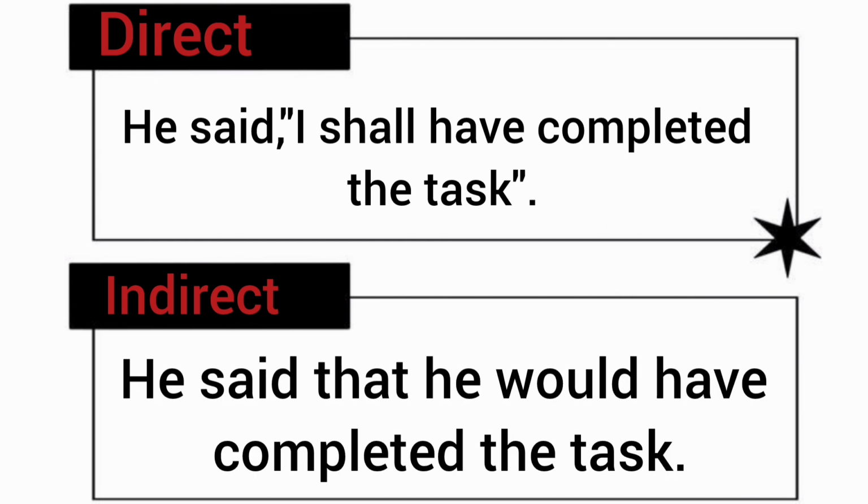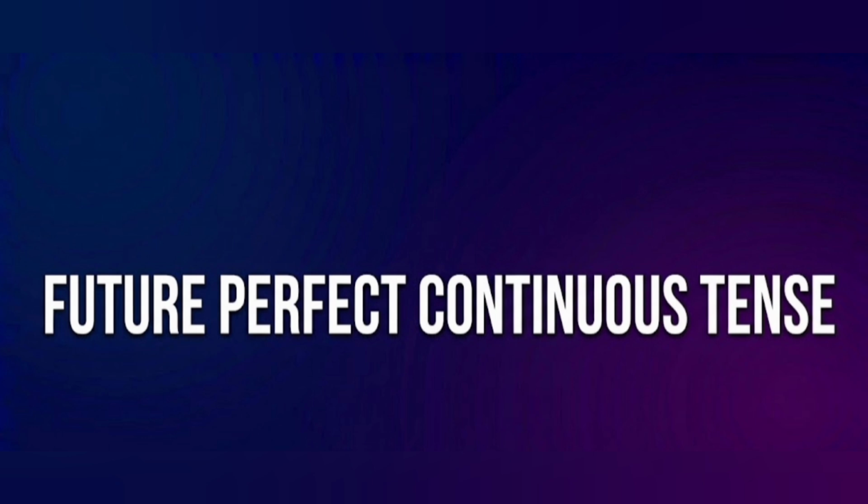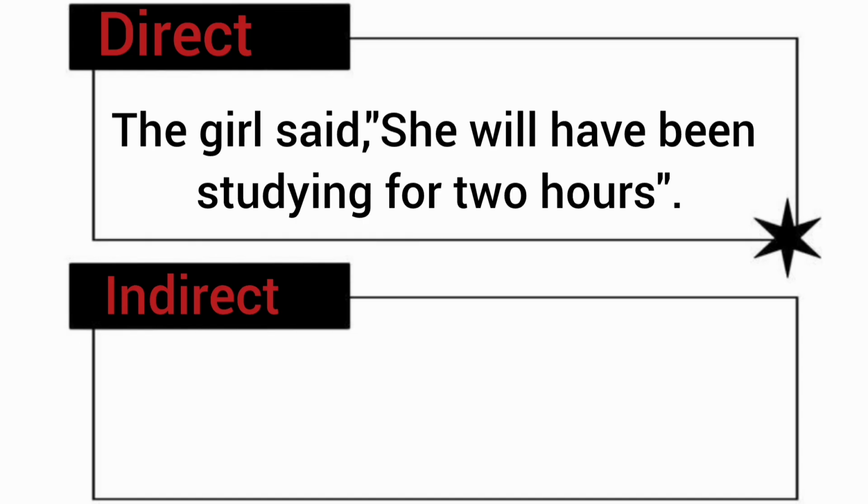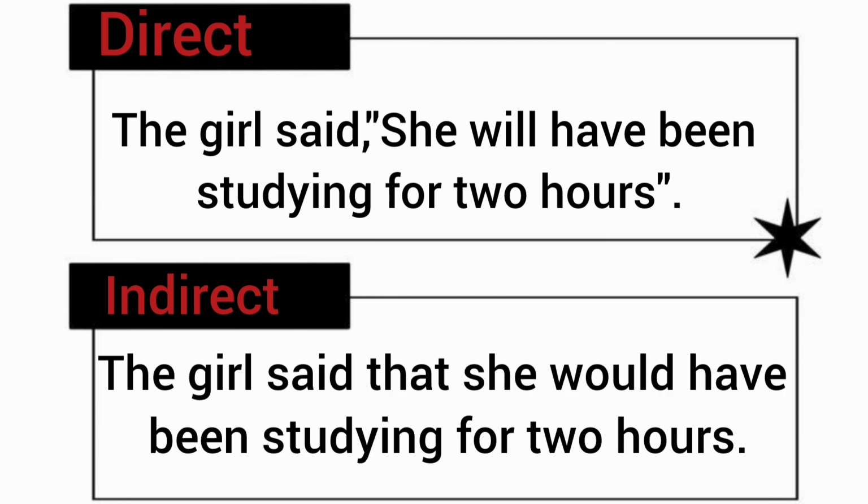He said that he would have completed the task. And the future perfect continuous tense is also easy. If reported speech is in future perfect continuous tense, the girl said she will have been studying for 2 hours. And the indirect narration is, the girl said she would have been studying for 2 hours.